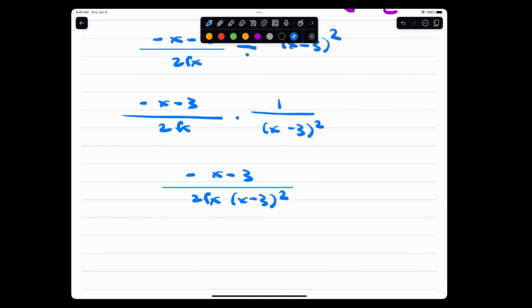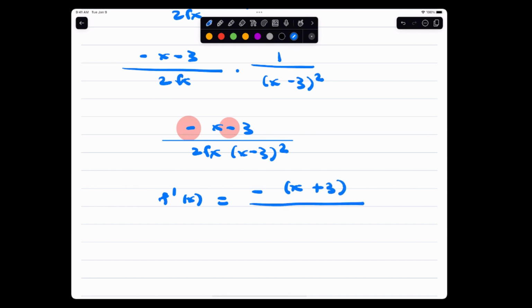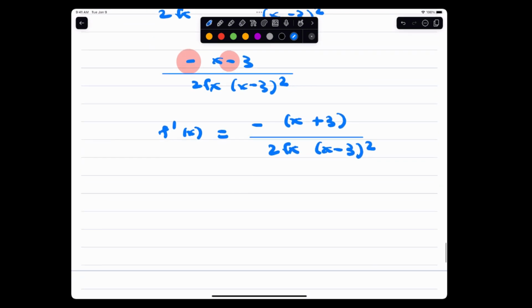What you want to do here now is you think you might be able to simplify. If you factor out the negative 1, what do you guys end up with? Right? You can factor out the negative 1. In other words, f prime of x becomes negative x plus 3 over 2 square root of x times x minus 3 squared.